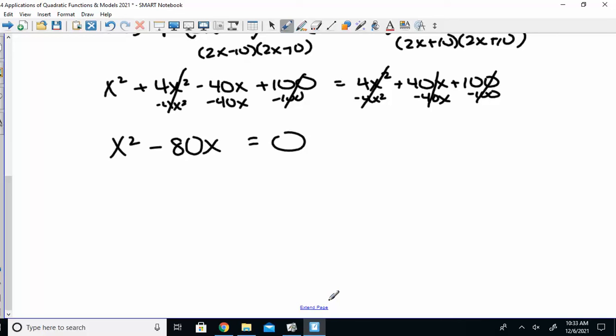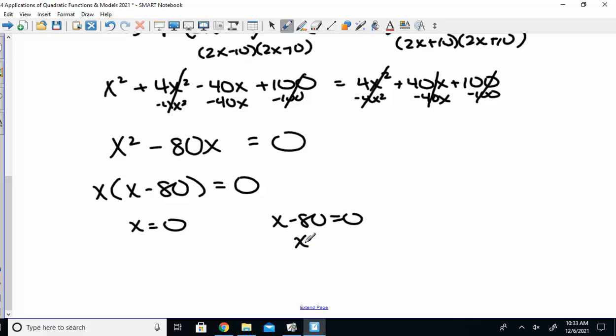What would you do here? You could do quadratic formula. Is there an easier option? If we didn't have this x, we could do square root. Take out an x. So I get x times x minus 80 equals 0.